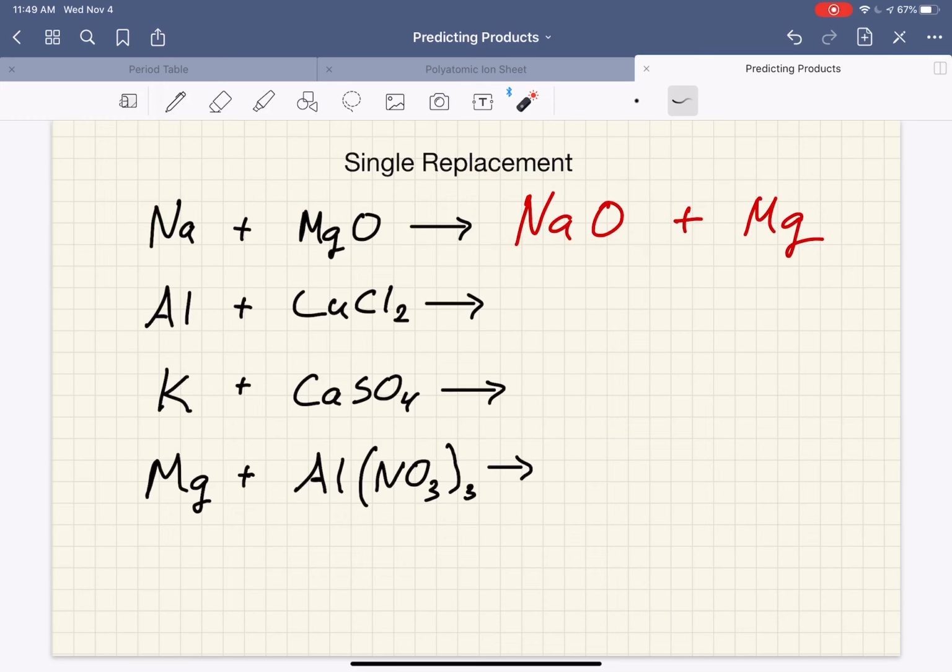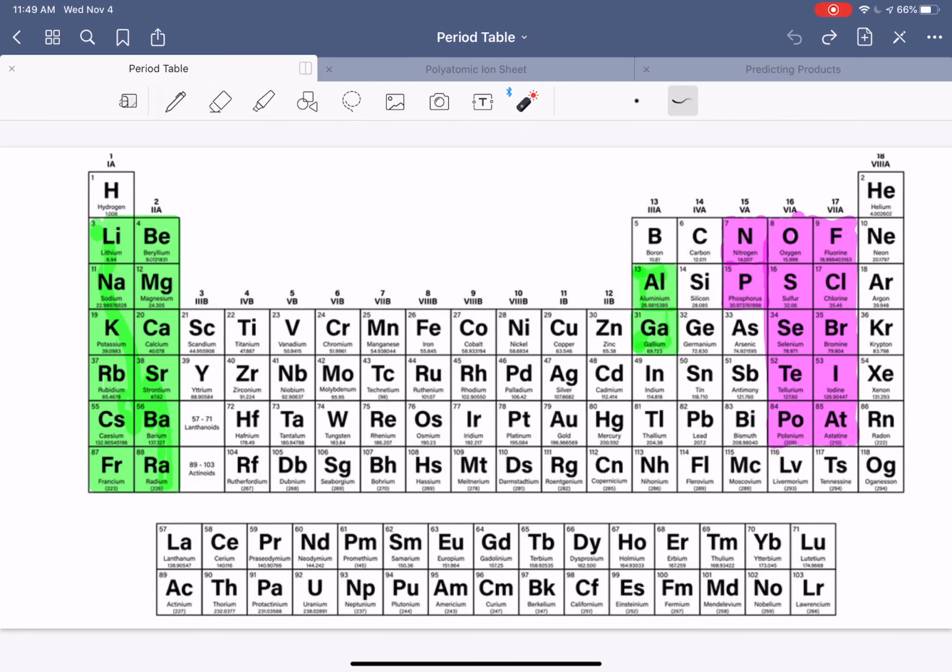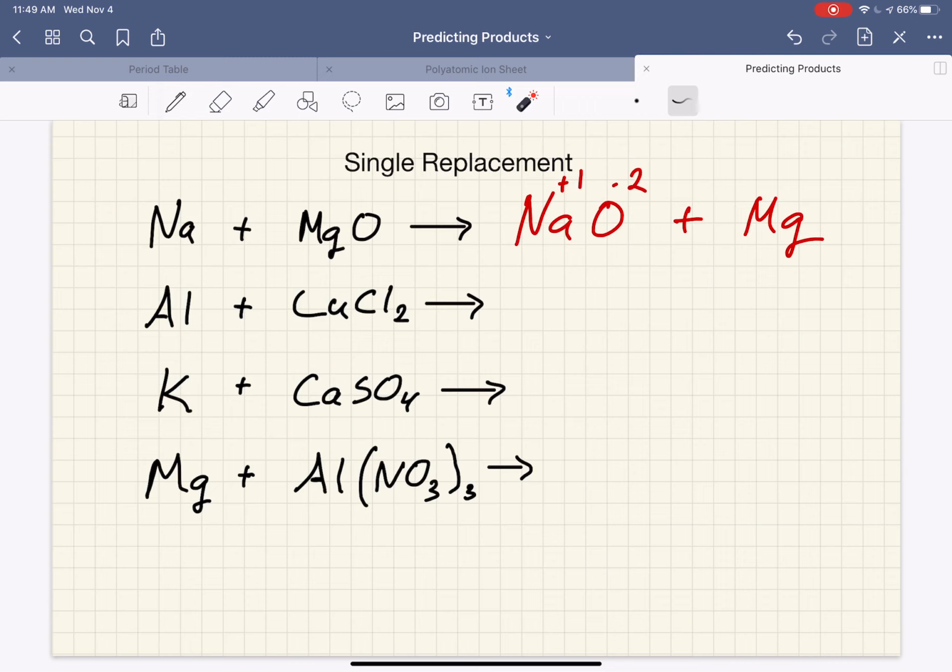However, we need to remember to use those charges in order to come up with the correct chemical formula for the products. Sodium is going to have a positive 1 charge and oxygen is negative 2. Just as a brief reminder, here's sodium, plus 1 in that first column. Here's oxygen, minus 2 in the last column. In order to get this thing equal to 0 then, we need to have a second sodium.